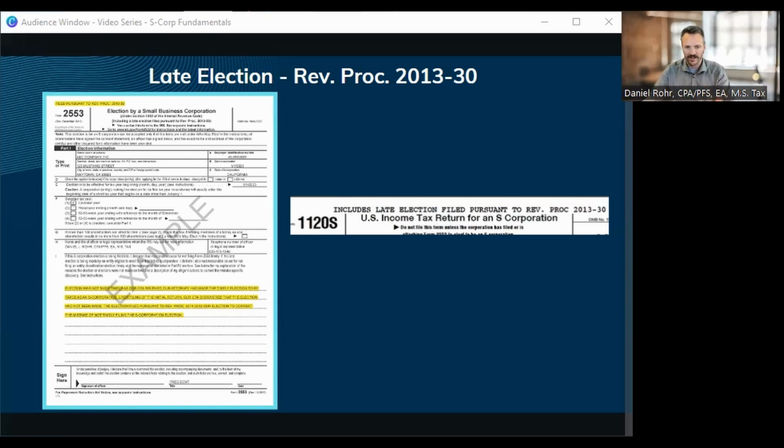And so your 2553, if it wasn't filed prior, would need to be filed with that initial tax return, and it would be considered late. So the way to do that is you file it as you see on the screen for the actual verbiage of the 2553, but then you also need to include that statement that says includes late filing election pursuant to Revenue Procedure 2013-30.